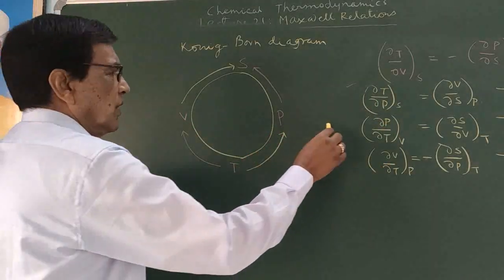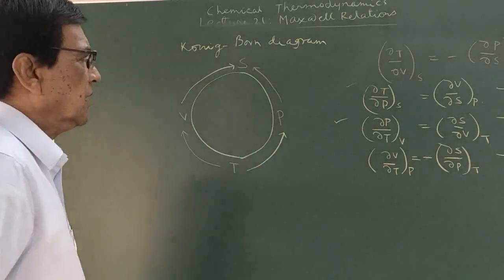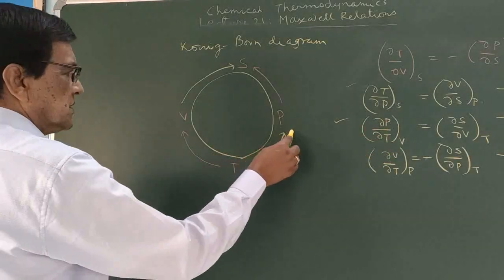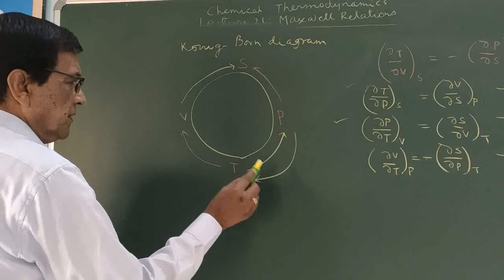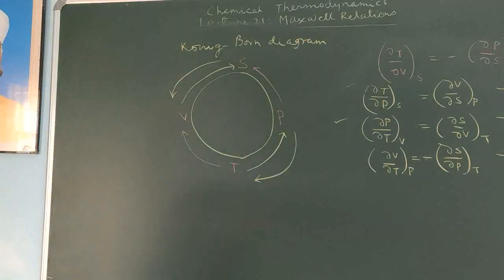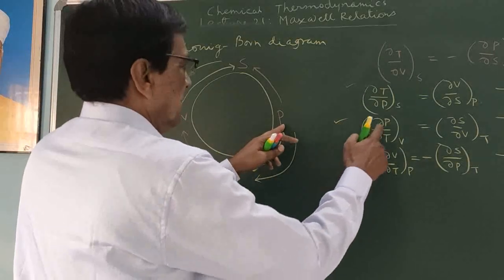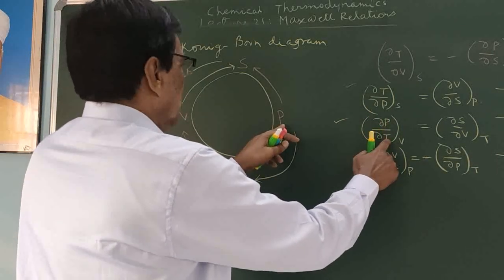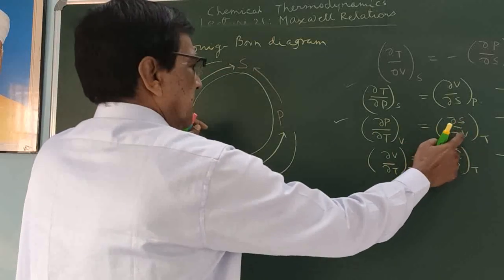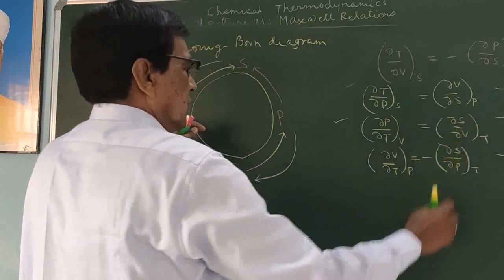And this third one, PT: del P by del T equals del S by del V, and V here and T here are constants.